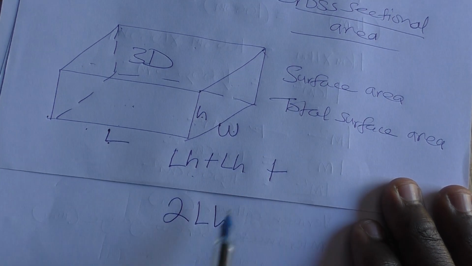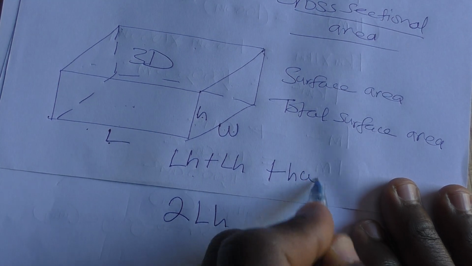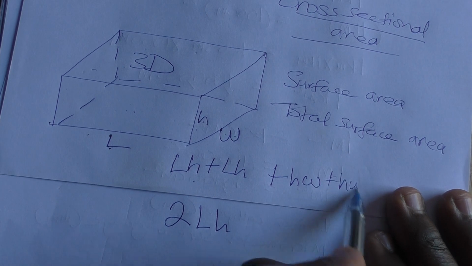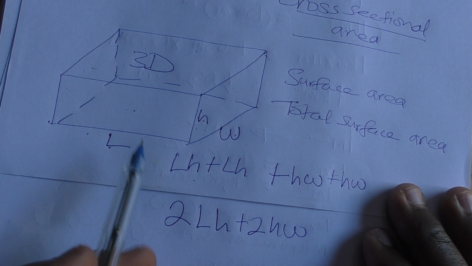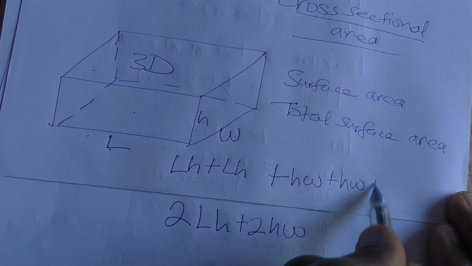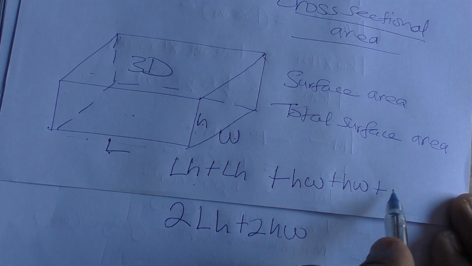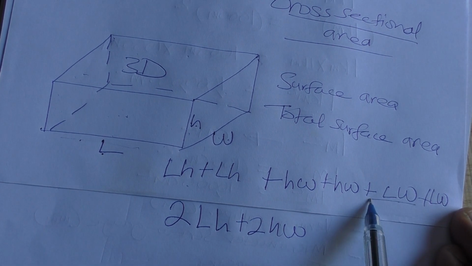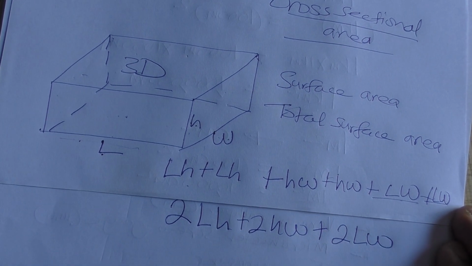Then plus we have height and width, but it has its opposite, the other side, also height and width, giving me plus 2 height width. Then we have the bottom and top, length and width plus still length and width, one for the bottom, the other for the top, so it gives me plus 2 length width.